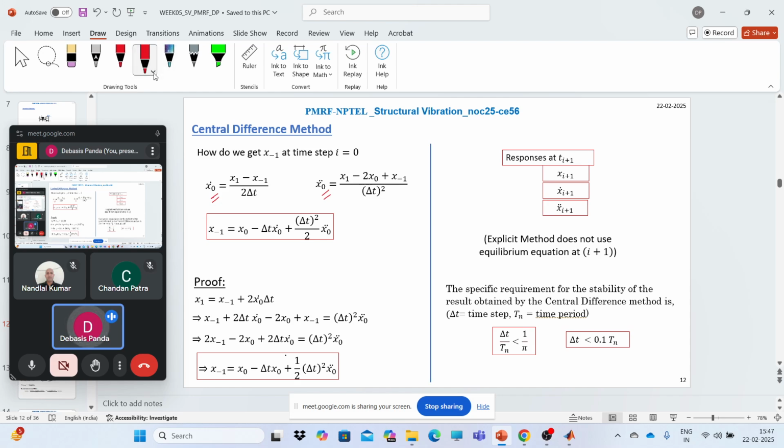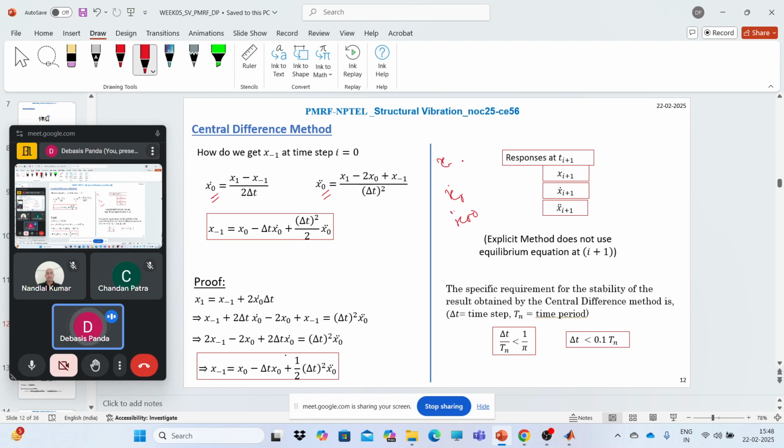I have x dot naught, x double dot naught, and x of minus 1 at the t equals 0 time point.